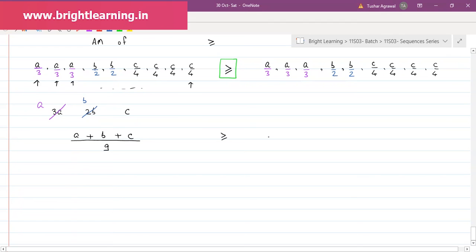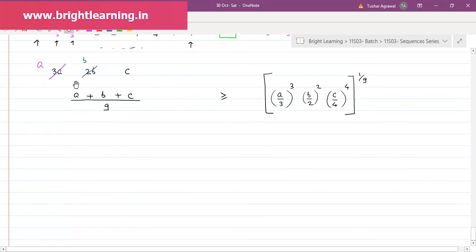This is greater than or equal to A upon 3, its product, B upon 2, its repeated product, C upon 4, its repeated product, the complete ninth root. Now substitute: A plus B plus C is given as 5.